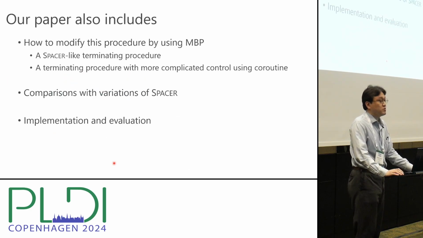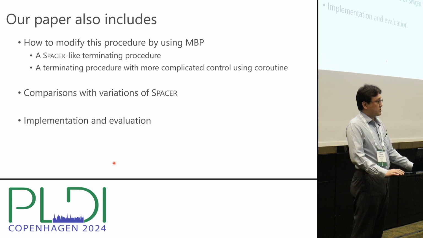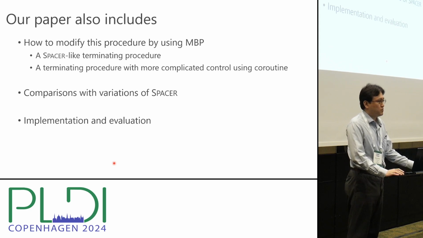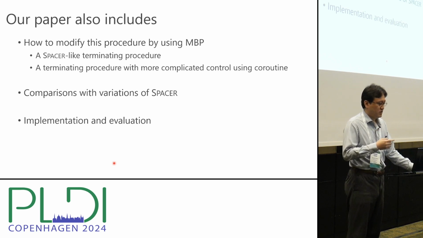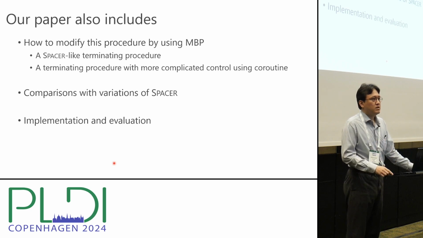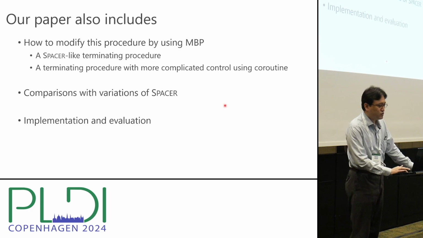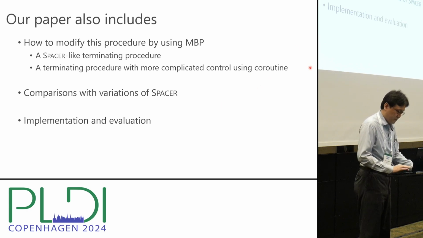Our paper also includes some more detailed arguments on how to modify this procedure by using MBP in order to obtain a terminating Spacer-like procedure, as well as a new procedure with more sophisticated control flow using coroutines, which is some kind of continuation mechanism.